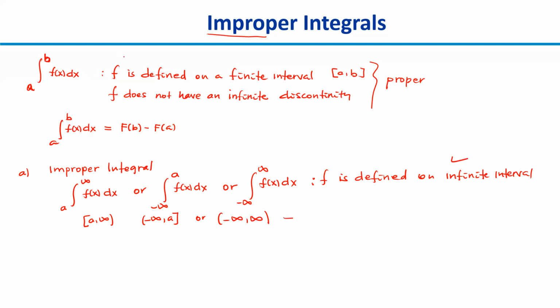Whereas in the definite integral that we already saw in the last class, the function f must always be defined on a finite interval, where a and b are numbers, or f does not have an infinite discontinuity.